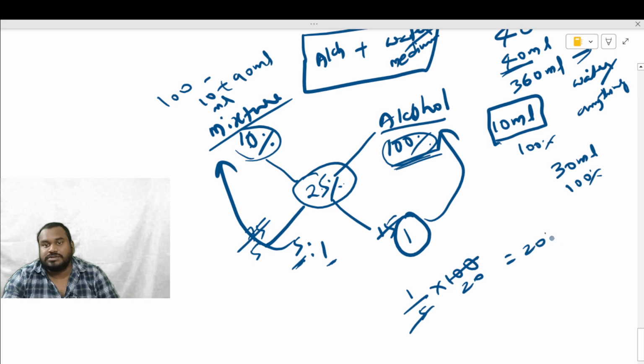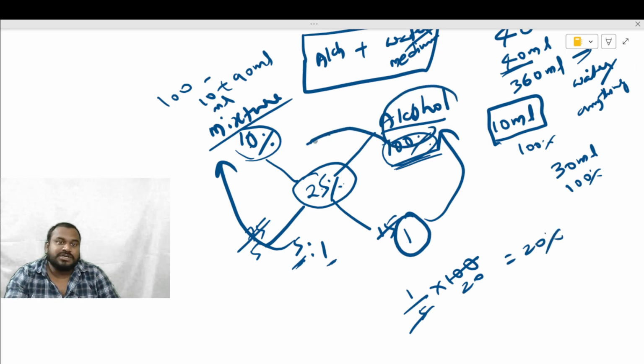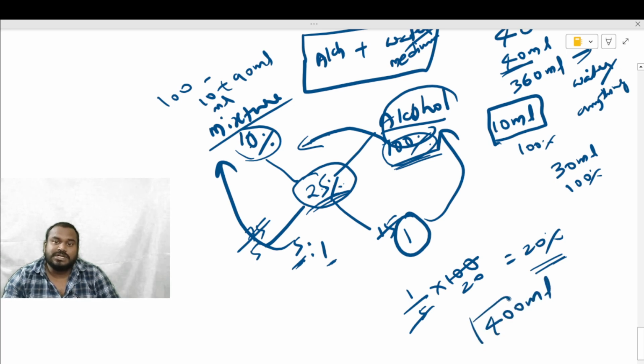So it means 20% of alcohol I should mix with the other parameter to make it 25%. It means 20% of alcohol should be added out of 400. So 20% means what? In 400 ml, 10% is 40, 20% is 80. So if I add 80 ml further into this, then it will become 25%.